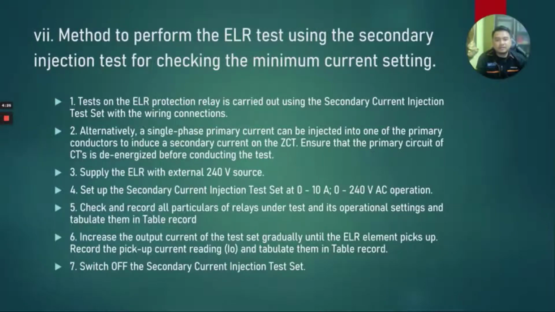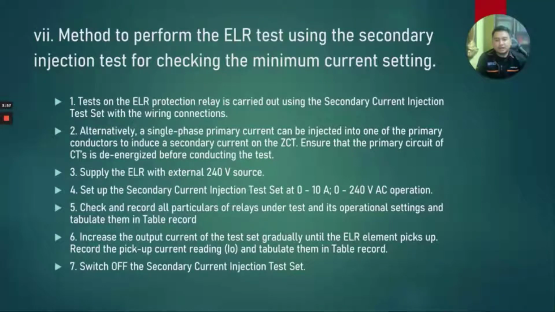Alternatively, a single phase primary current can be injected into one of the primary conductors to induce a secondary current on the ZCT. Ensure that the primary circuit of the CTs is de-energized before conducting the test.